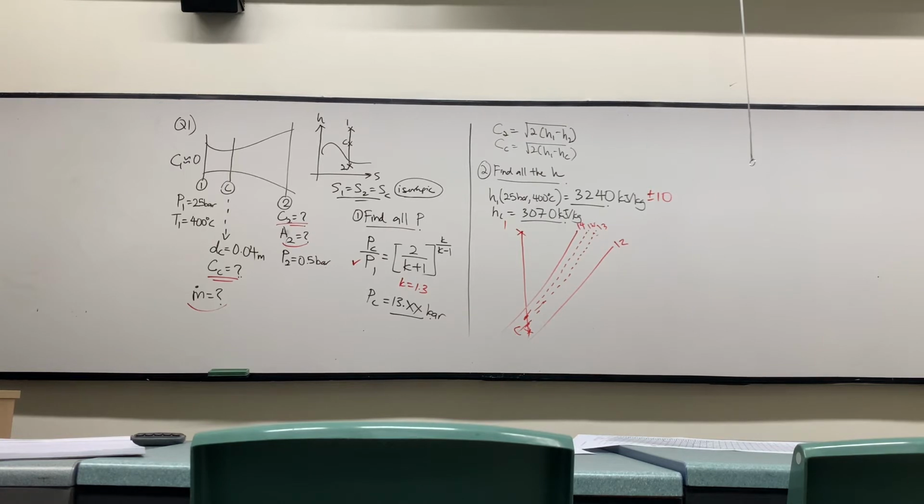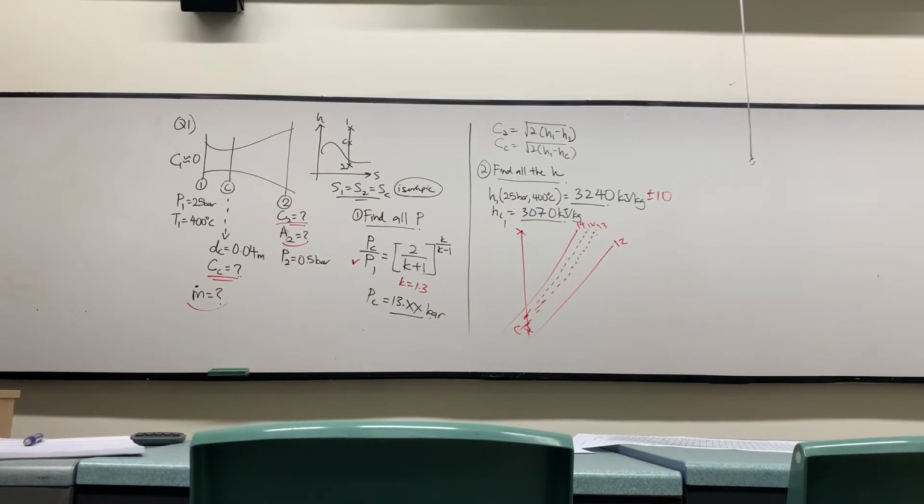Follow the gradient. You want 3070. How come you get 3070 itself?